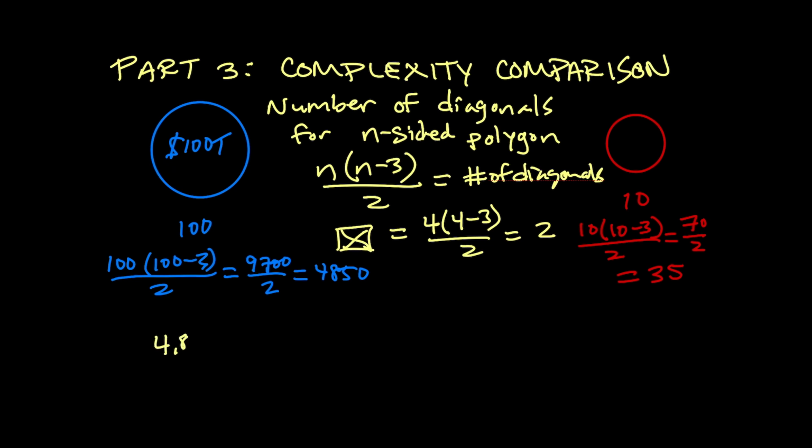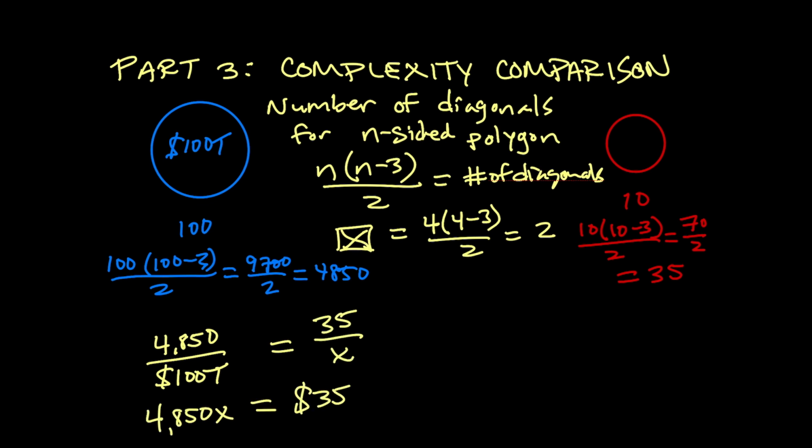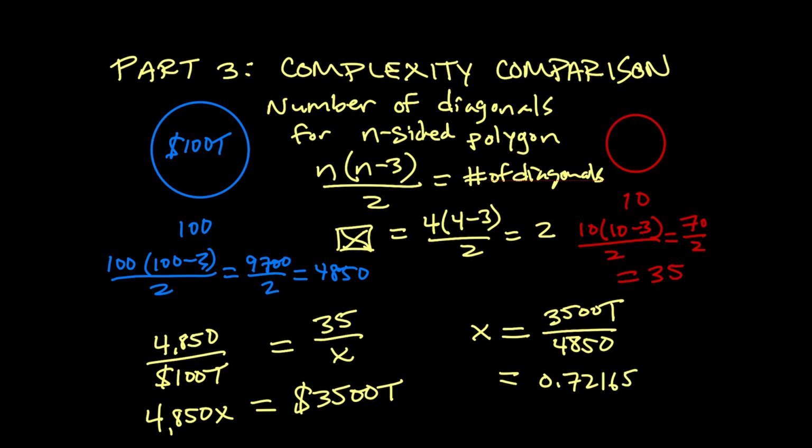So now we just do the same cross multiplication exercise that we've done for the past two calculations. And we get 4,850 x equals 35 times 100 trillion, and x equal to 3,500 trillion over 4,850. And that comes out to 0.7216, or $721.65 billion.